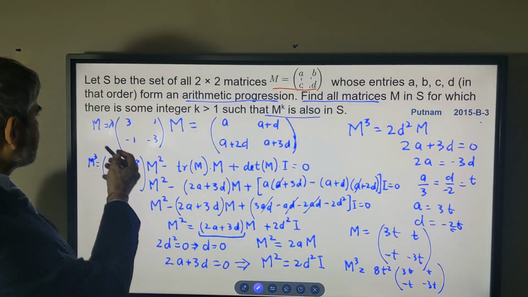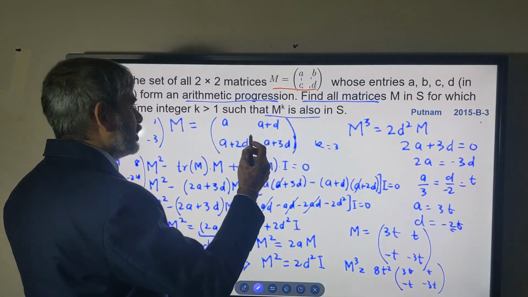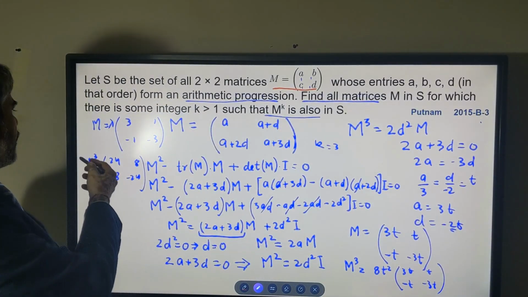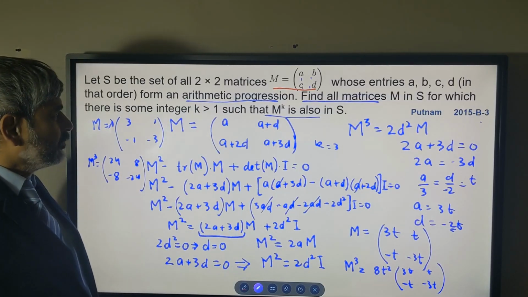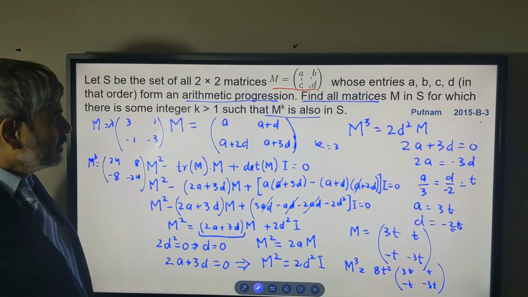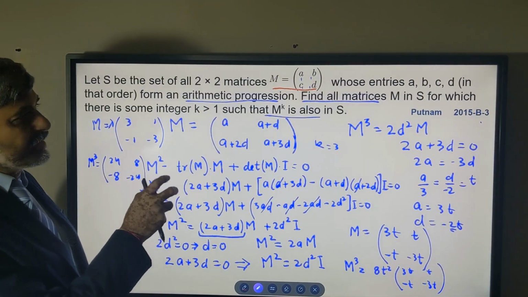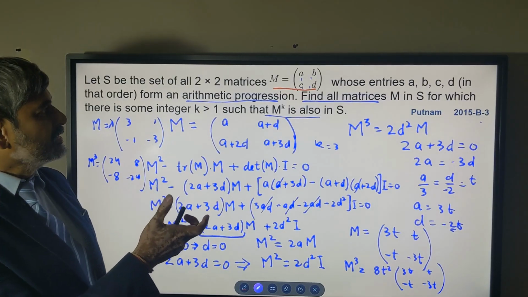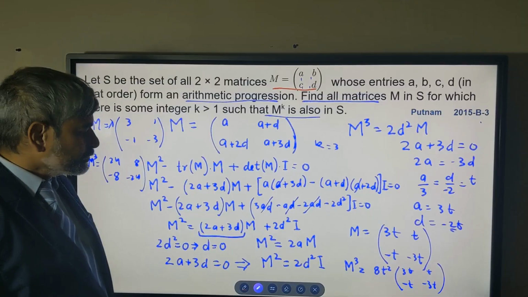And under that second condition, k is equal to 3, the third power of M is going to have elements in arithmetic progression. So these are the two sets of matrices which will satisfy this condition and they too will have different values of k.